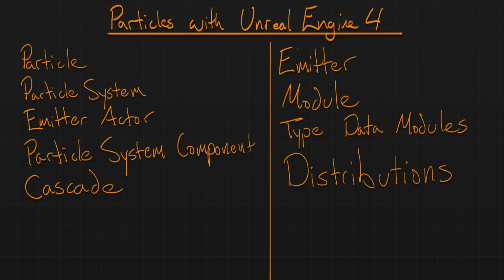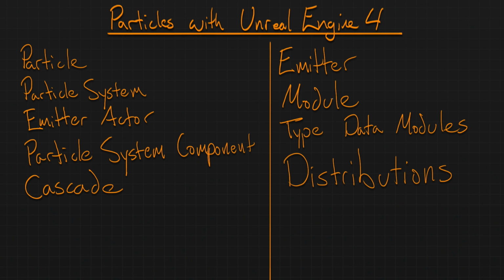An emitter is a single column in Cascade that represents a single aspect of an overall particle effect. So in the case of our explosion, remember we had just the fire, or just the smoke, or just the shrapnel, that sort of thing. So each one of those was its own emitter. A module is a modular component that controls one aspect of behavior within an emitter.